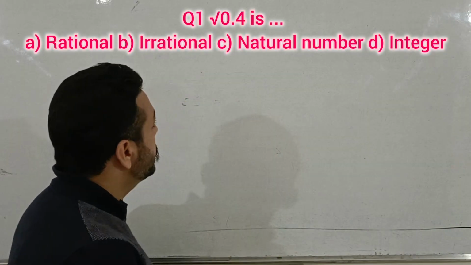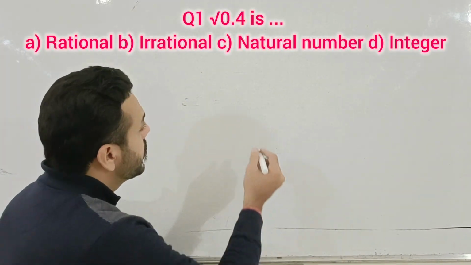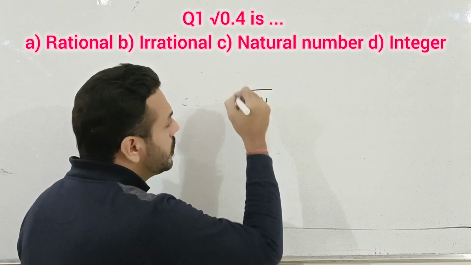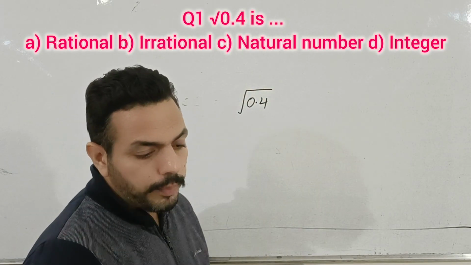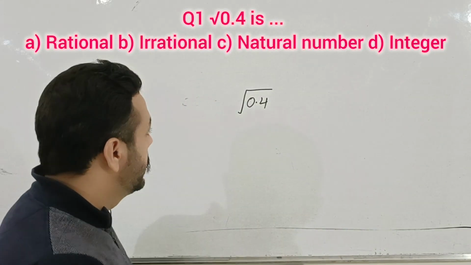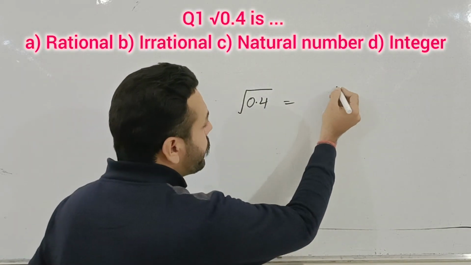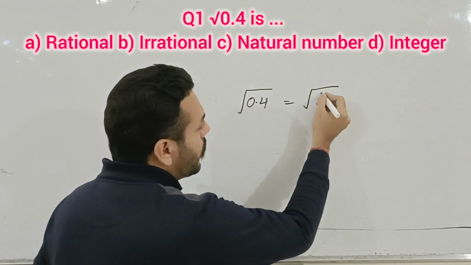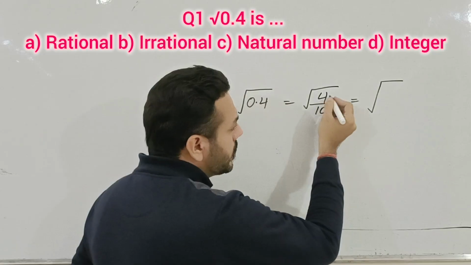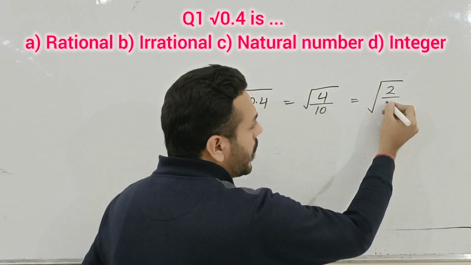Our first question is: is the square root of 0.4 rational, irrational, integer, or natural? This is very easy. Write it as a fraction, and after dividing we get 2 and 5.